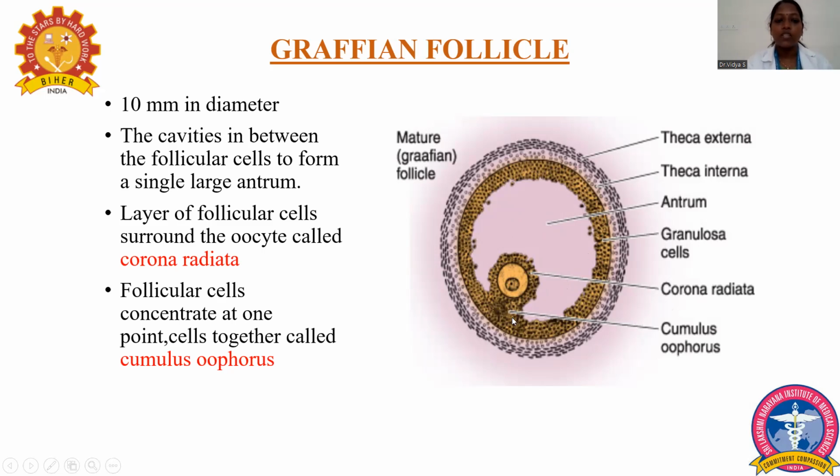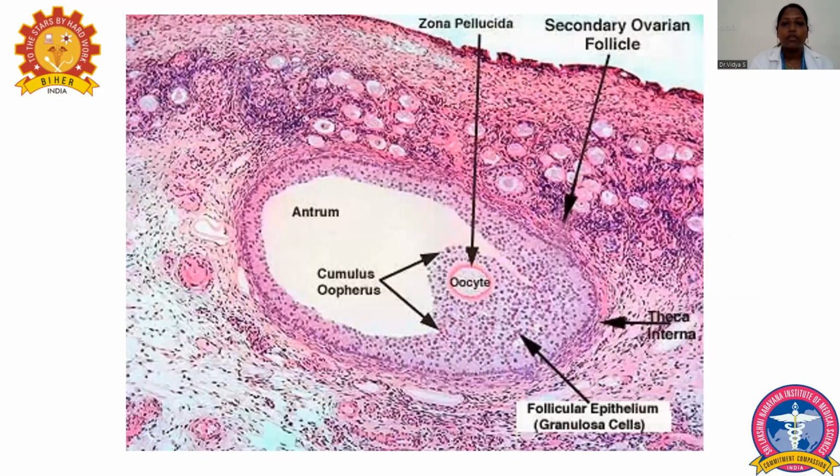Next, the follicular cells are concentrated at one point. Even though the oocyte is surrounded by the follicular cells, you have them concentrated at one point here. That we call the cumulus oophorus. The corona radiata and cumulus oophorus, which we can see in the Graafian follicle, are nothing but features of the mature follicle.